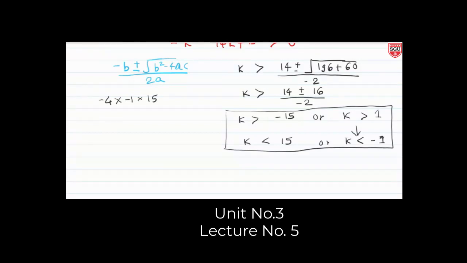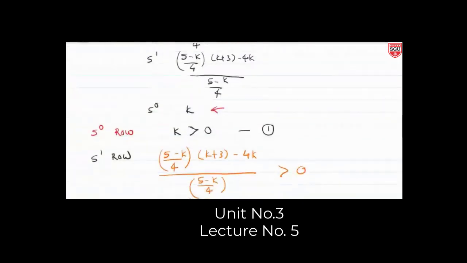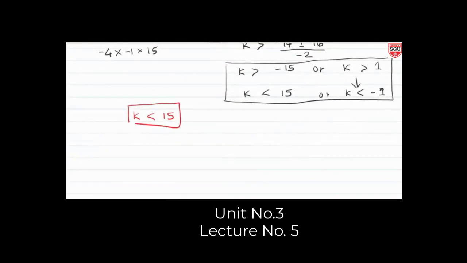So the only thing we have to consider is that K should be less than 15. Our first conclusion was K should be greater than 0. The second conclusion is that K should be less than 15.